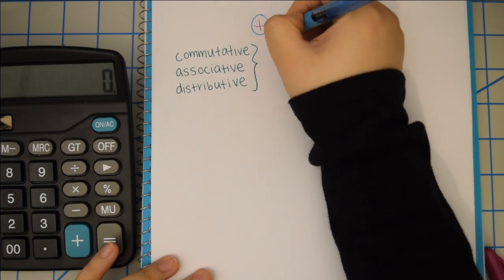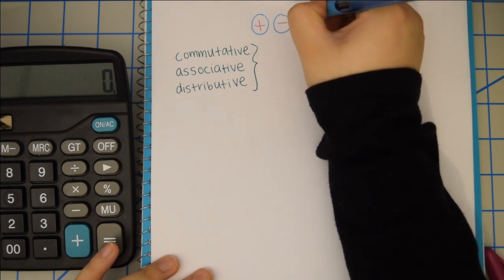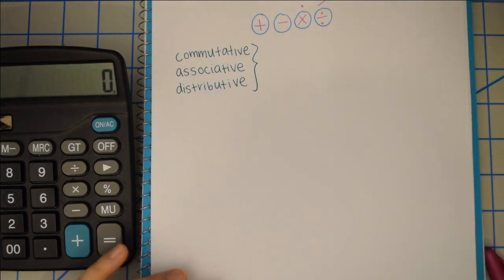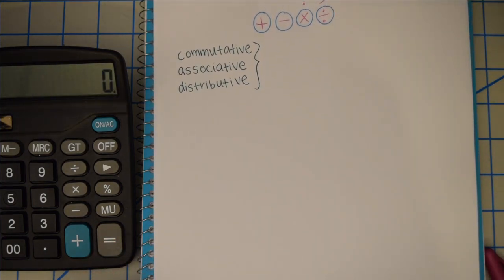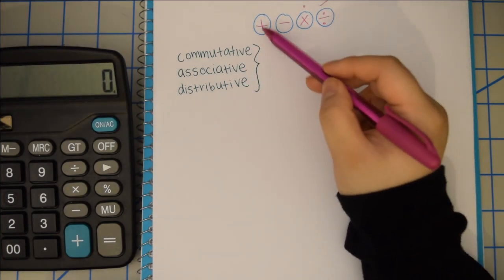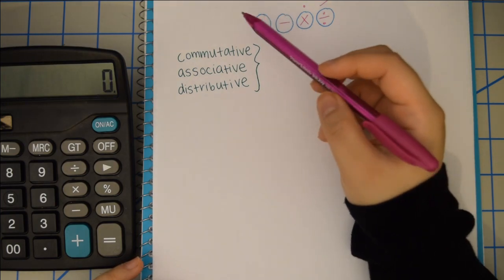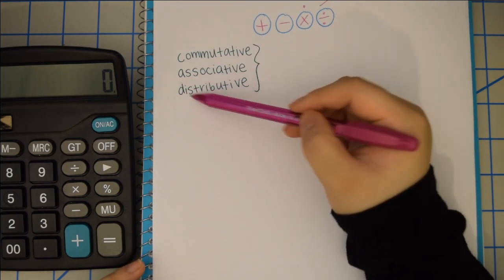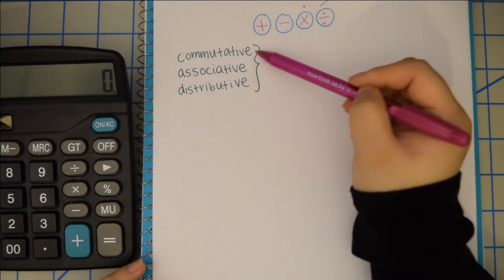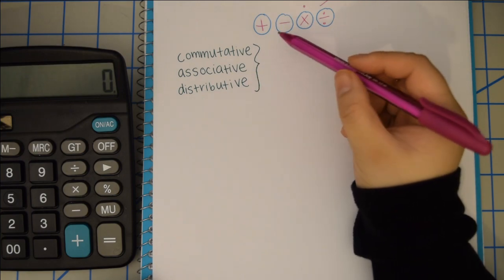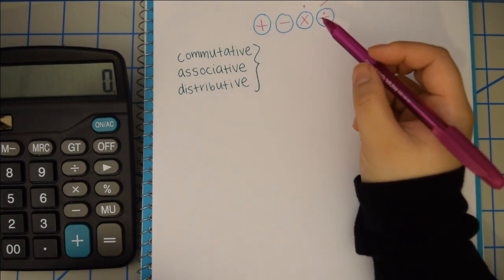Okay, but we'll focus on these 4 with arithmetic. So just numbers. And so these are properties of these operations. Okay? So today we'll play around with the definitions of these words and sort of start building a foundation, but they'll come in handy in algebra and moving forward.